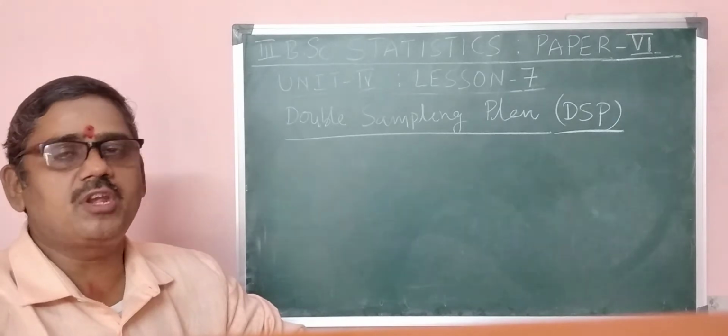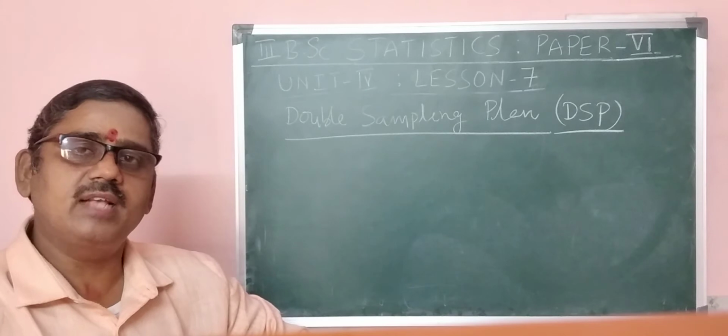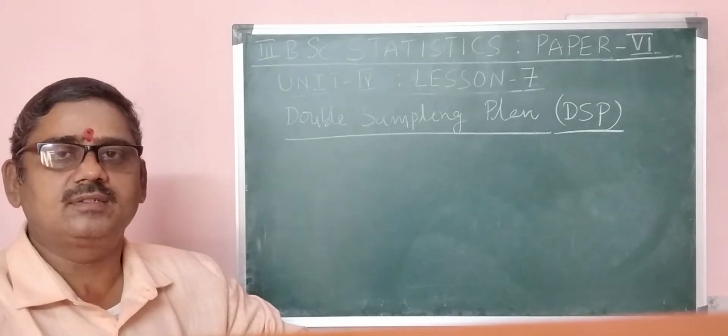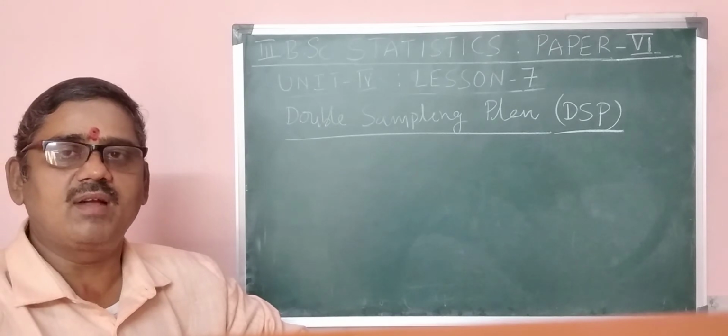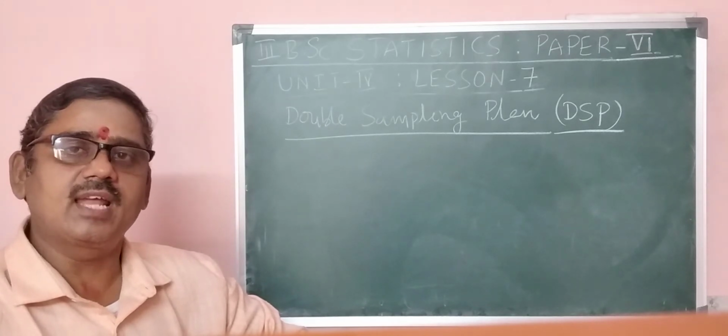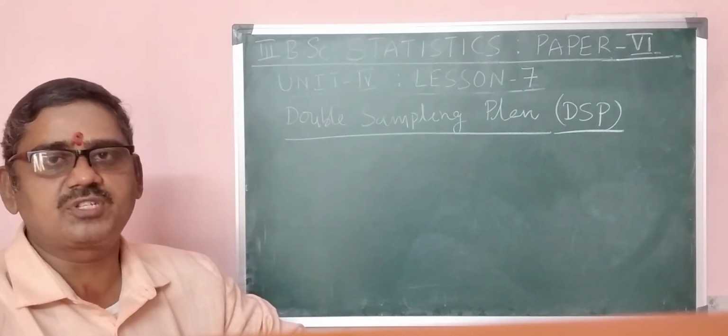And the decision is made about the lot based on both combined samples, sample 1 and sample 2, in the rectifying inspection sampling plans.